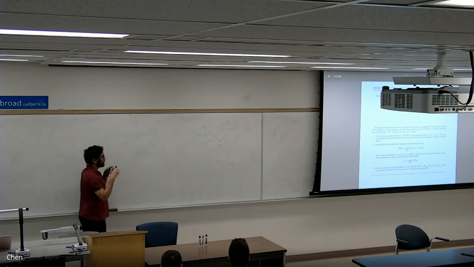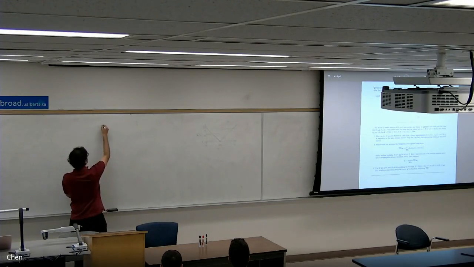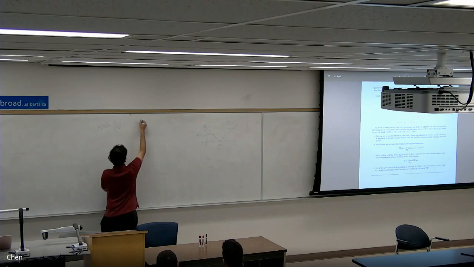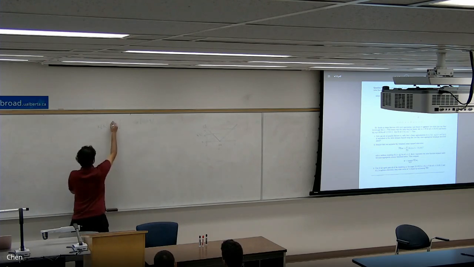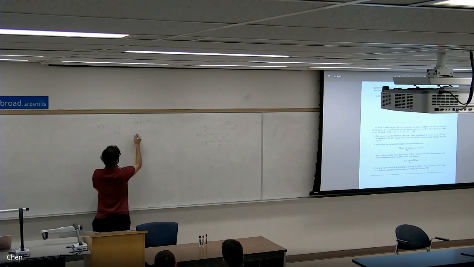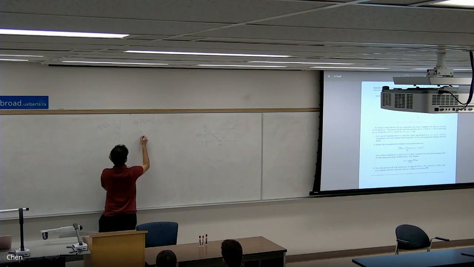So your features can simply be x of s is [1, 0] for s in 0 to 0.5, and it's [0, 1] if your state is in 0.5 to 1.